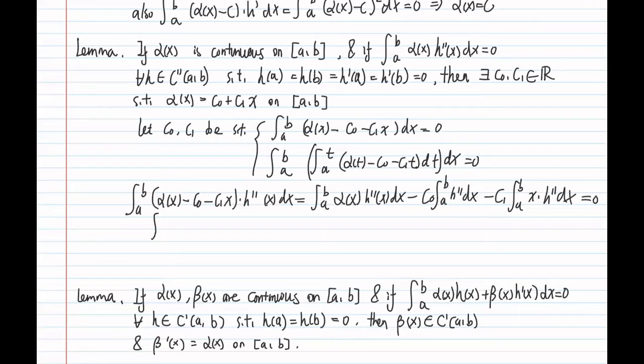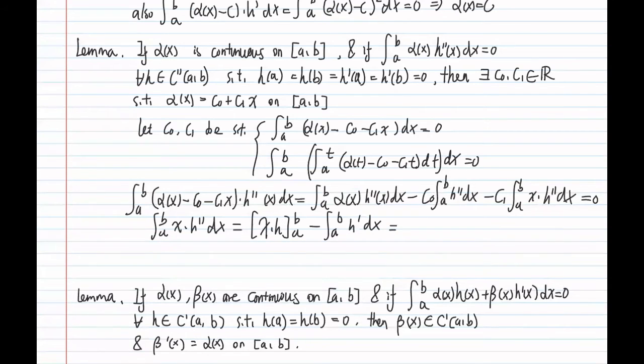Why? Because we basically find this integral. This would equal to x times h from a to b, right? And minus the integral from a to b of h prime dx, right? Because you differentiate in terms of x, then x is gone. So that's the result.